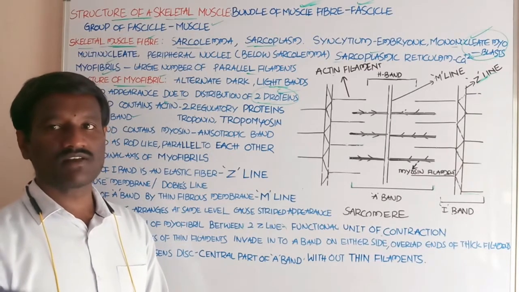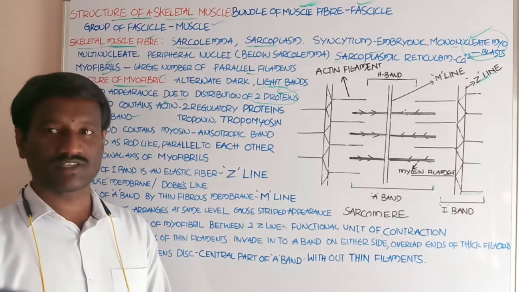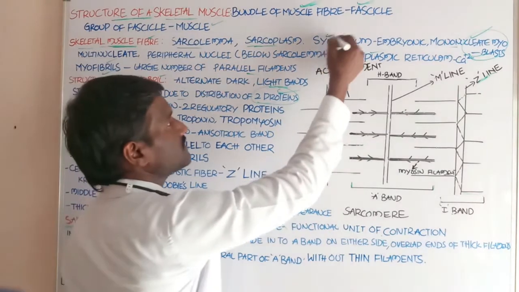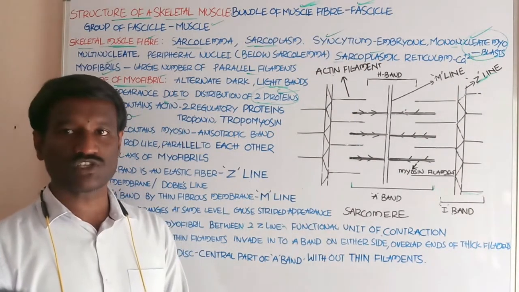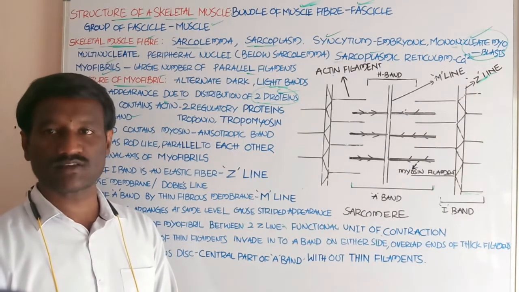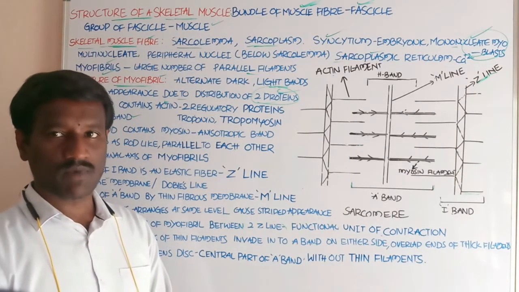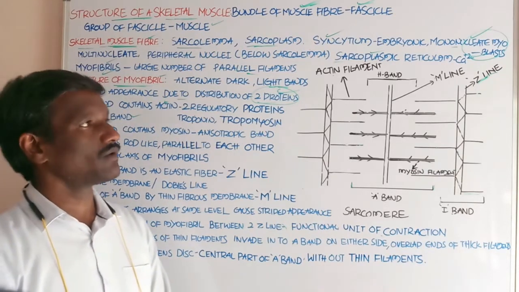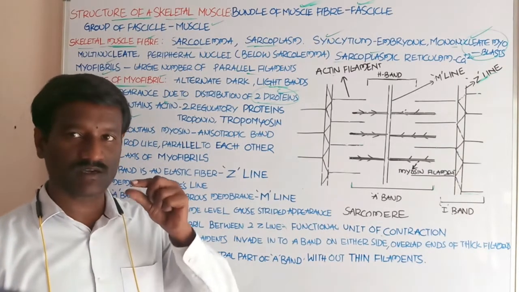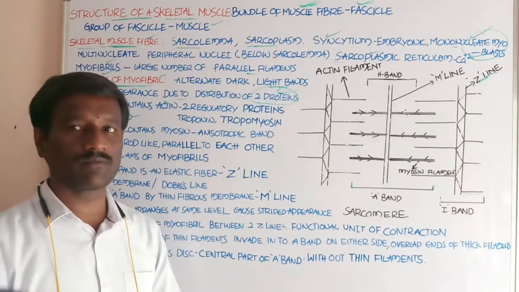The muscle fiber shows a syncytium. What is a syncytium? Syncytium means multinucleate, with many nuclei present in the cytoplasm of the muscle fiber. Why does the muscle fiber show a syncytium?